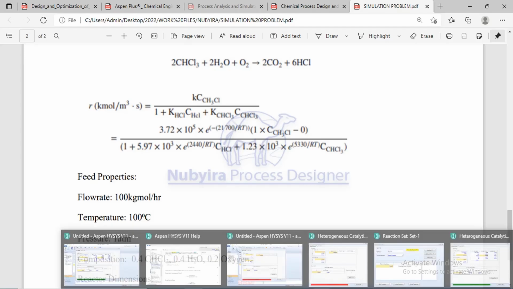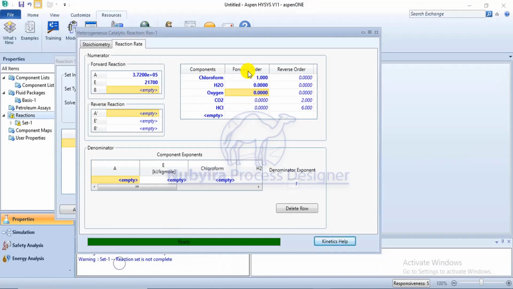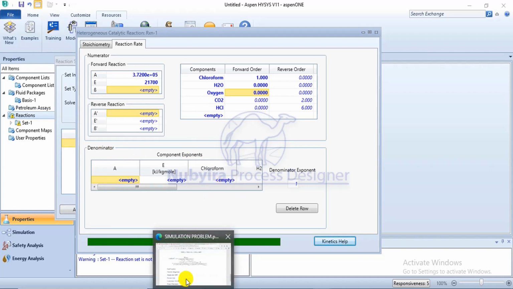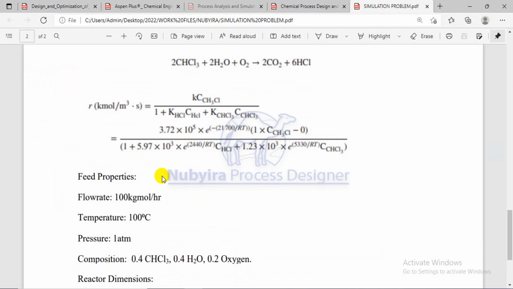So we have fully specified our numerator. Now let's go to the denominator. From here, the denominator exponent is 1, because whatever is in this bracket is raised to power 1 automatically.